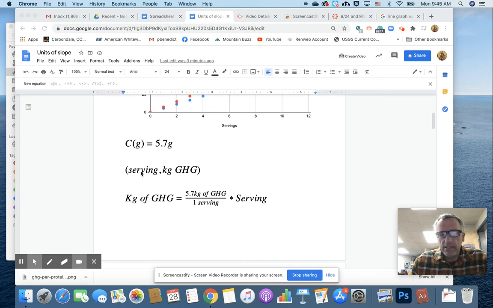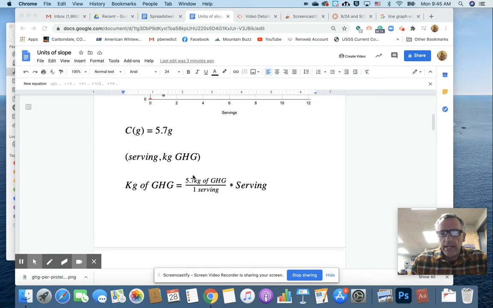And so here are my x coordinates, servings and kilograms, right? And the way that this works is it takes my x coordinates, servings, and converts it to kilograms by using that slope. These essentially cross each other off, right, and reduce, and you're left with just these kilograms.